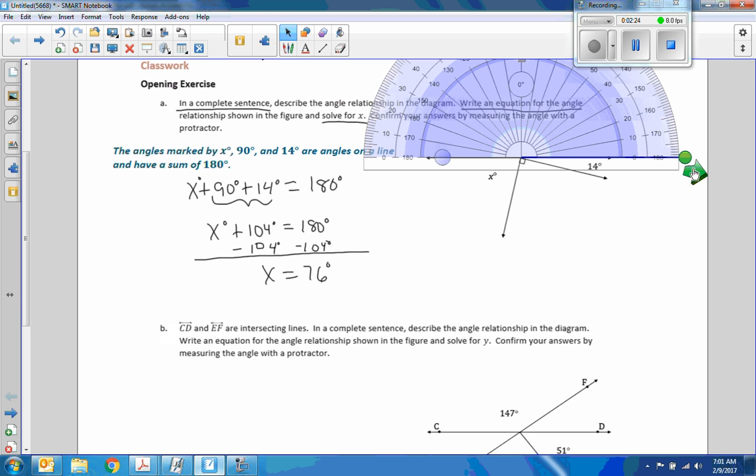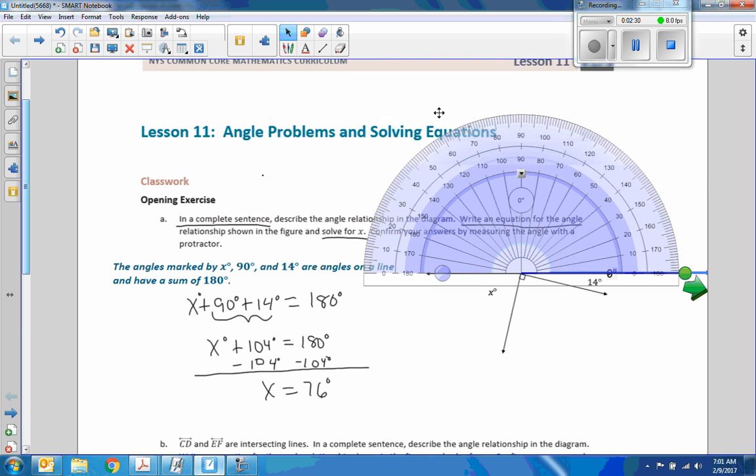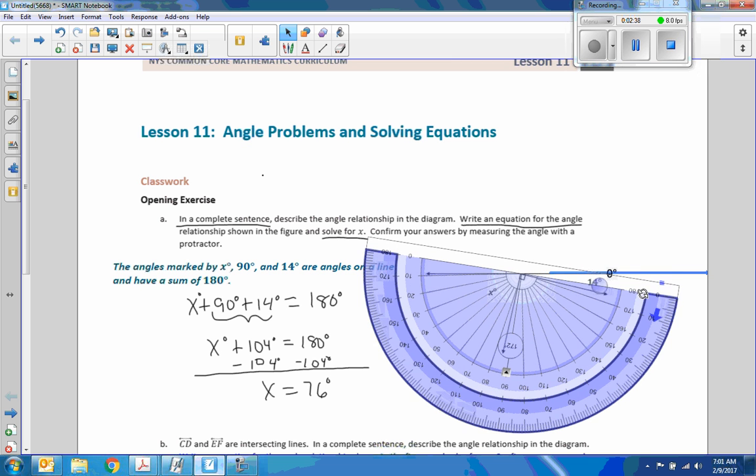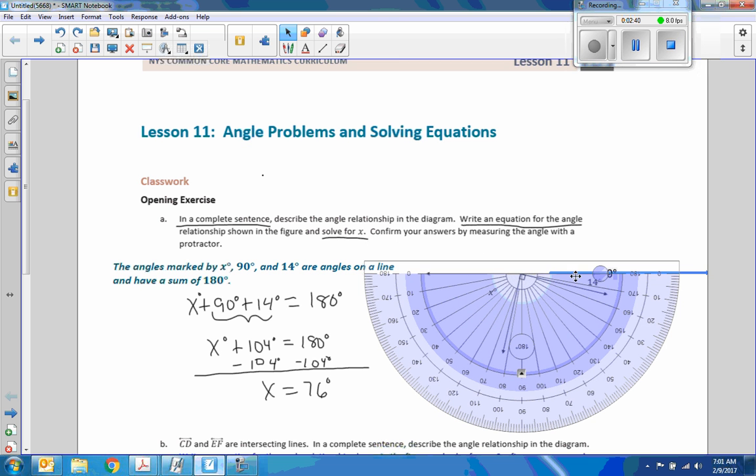Okay. And then I'm going to rotate it. Let's see, how can I rotate this protractor? Okay, so I've rotated the protractor. And then I grab this. Let's see, where is it? There it is. I bring this down and put it right on that ray.